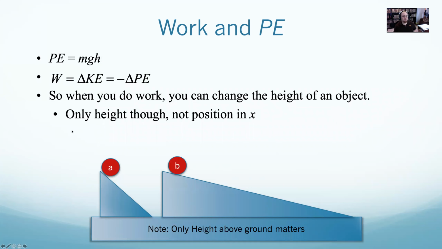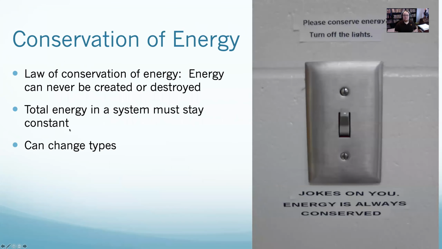Now, the law of conservation of energy says energy cannot be created or destroyed. Total energy in a system is always constant. However much energy you have initially equals however much energy you have at the end. In any system, no matter what, energy is always conserved. You can never create or destroy energy. It can change types, though.